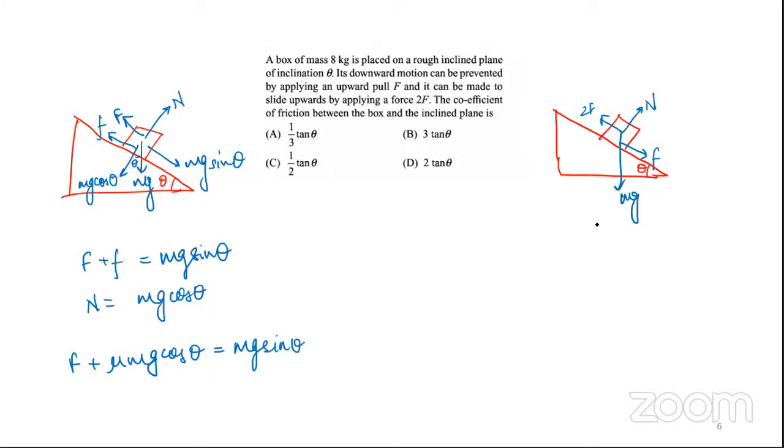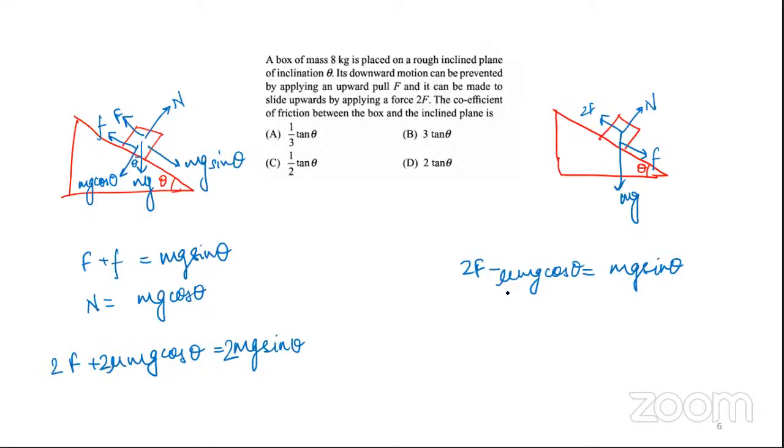Similarly, in the second case, I'll get my equation as 2F minus mu mg cos theta equals mg sin theta. I want to find the value of mu, so I'll have to eliminate F. So I'll simply multiply the first equation by 2, so I'll get 2F plus 2 mu mg cos theta equals 2 mg sin theta.